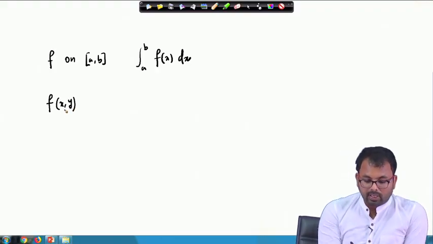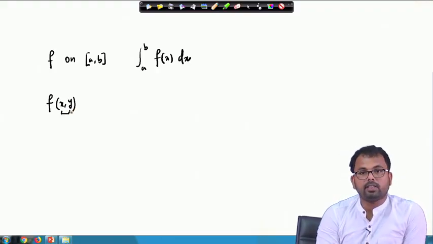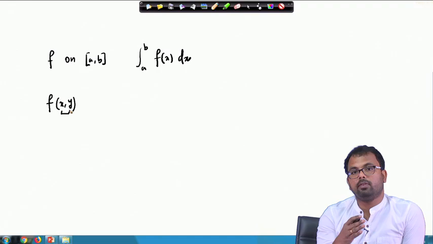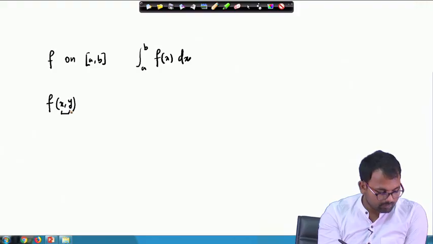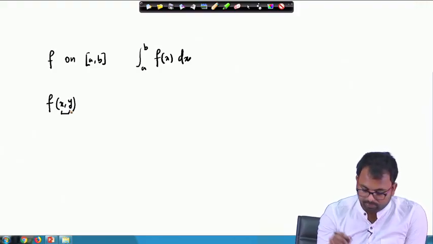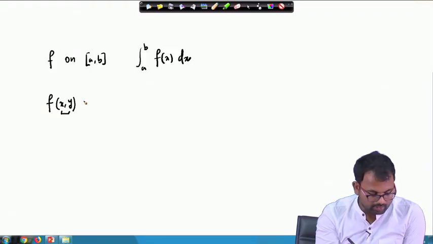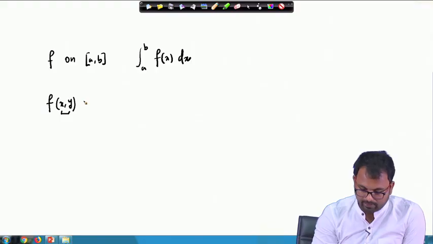Since we have two variables here, x and y, we need to find intervals for these two variables. That means, if you have two variables, you must have two intervals to which these variables belong. So let us give a formal definition.